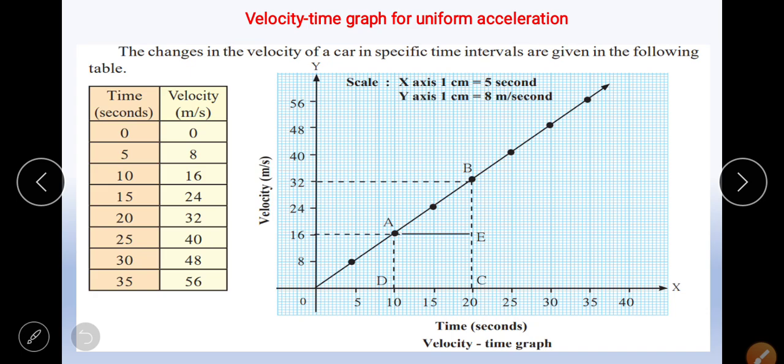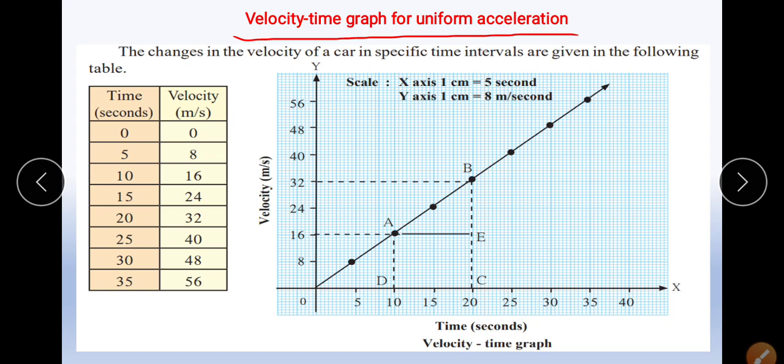The next is a similar graph, which is a velocity time graph for uniform acceleration. Carefully understand the graph and this table. The term uniform acceleration is shown by this straight line which is passing through the origin. Acceleration is the rate of change of velocity with respect to time.